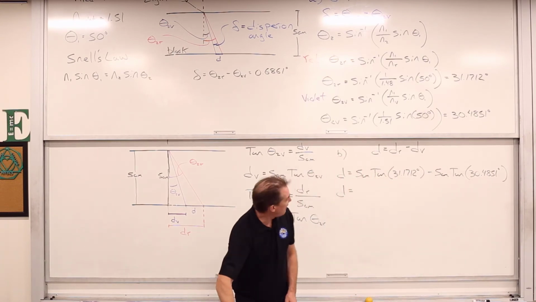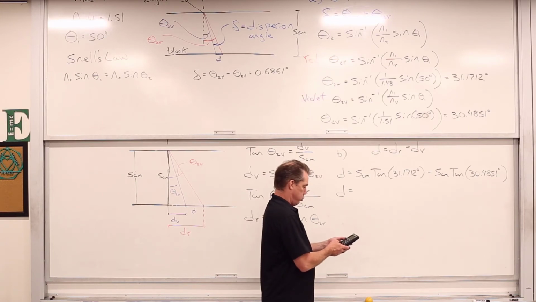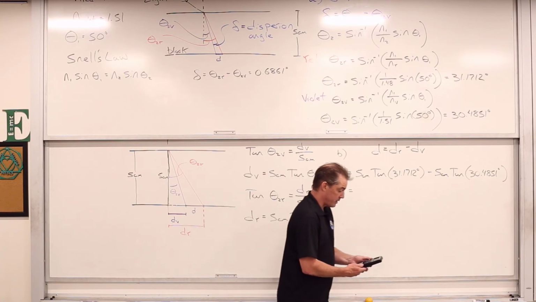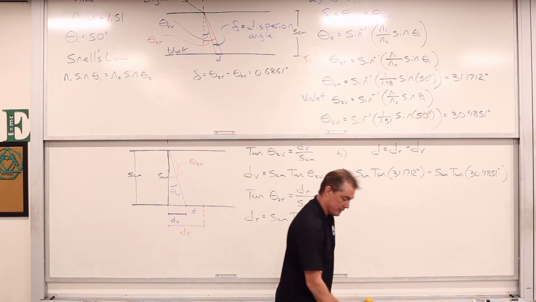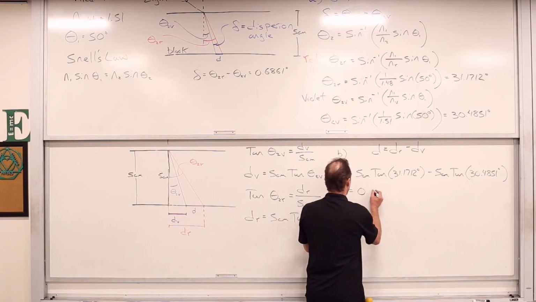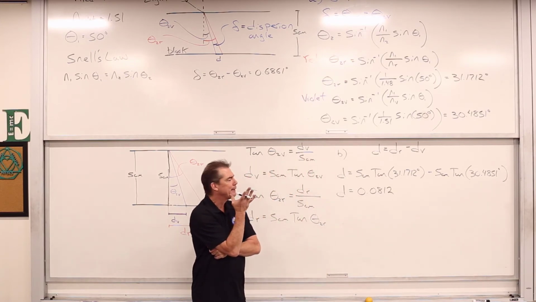Compute this out, 5 times the difference of the tangents of those, and we've got 5 times tangent 31.1712 minus tangent of 30.4851 gives us 0.0812. 0.0812 what?